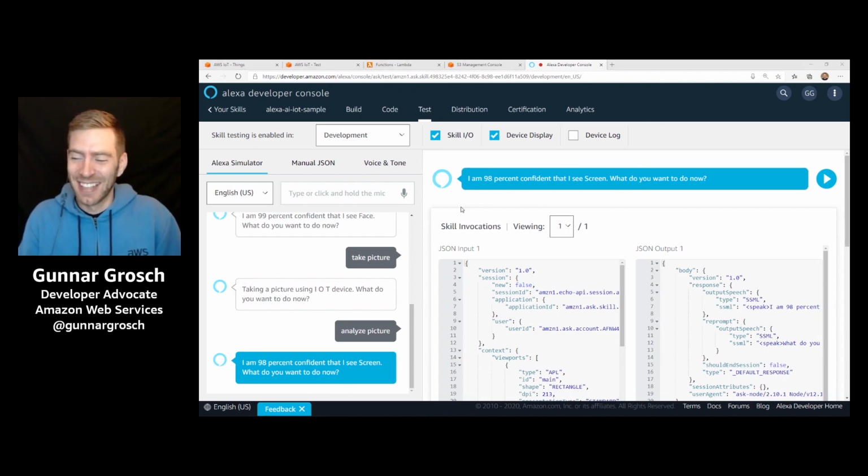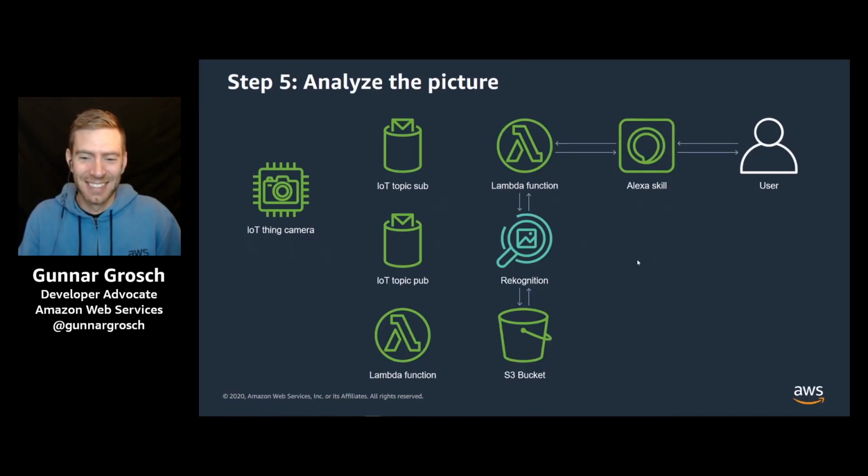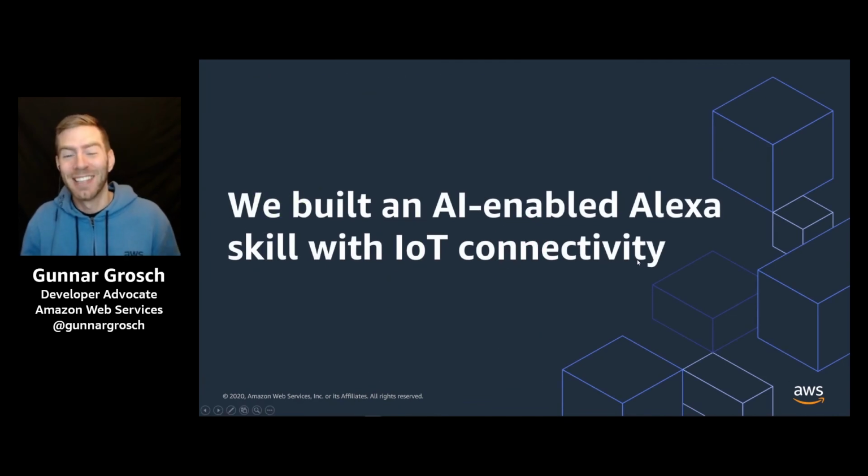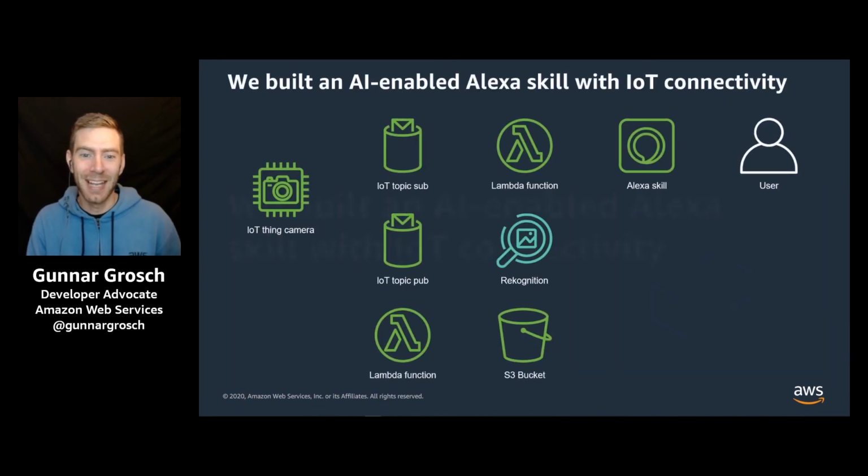All right. So now we've built an AI-enabled Alexa skill with IoT connectivity. And it has these parts. So we're able to tell Alexa to take a picture, which invokes a Lambda function, sends a message to our IoT topic, and the IoT thing takes the picture, sends that image data to another IoT topic, which invokes a Lambda function and stores that image in S3.